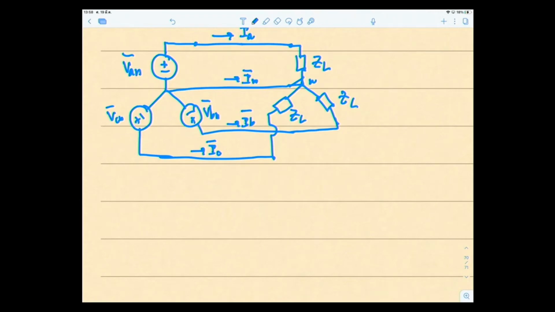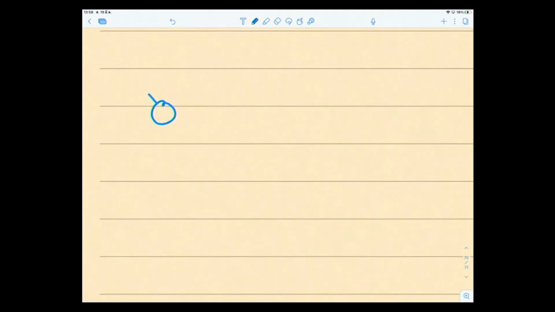This picture is a bit confusing, so I'm going to redraw it to make your life easier. VAN, VCN, VBN.